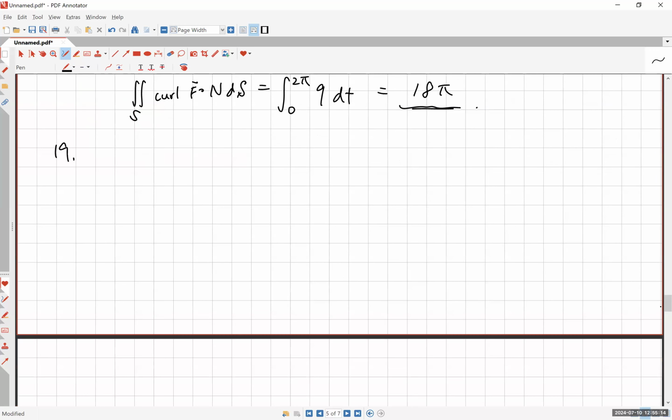All right, if I remember, number 19 is the last question on this thing. So let's go ahead and do that. It has to do with the divergence theorem. A three-dimensional vector field is given, and that's 2x. Hold on a second.